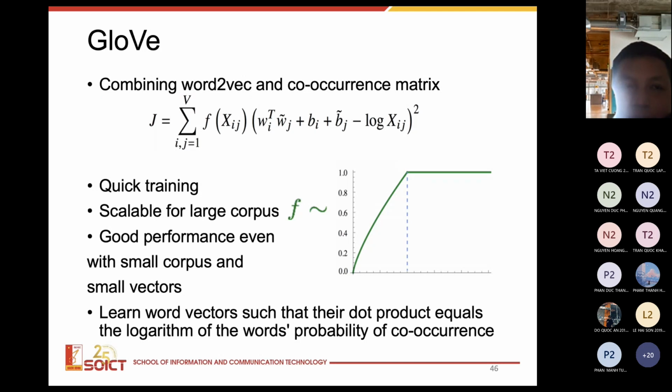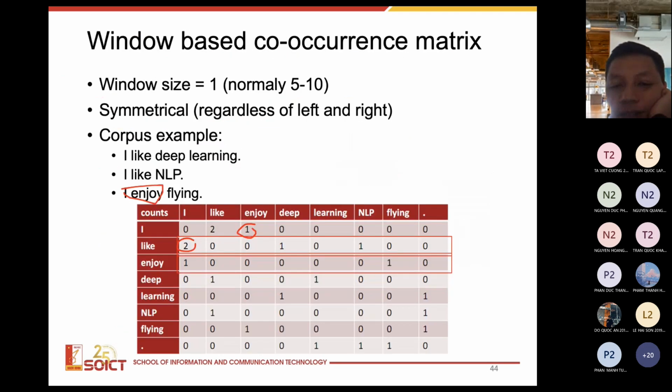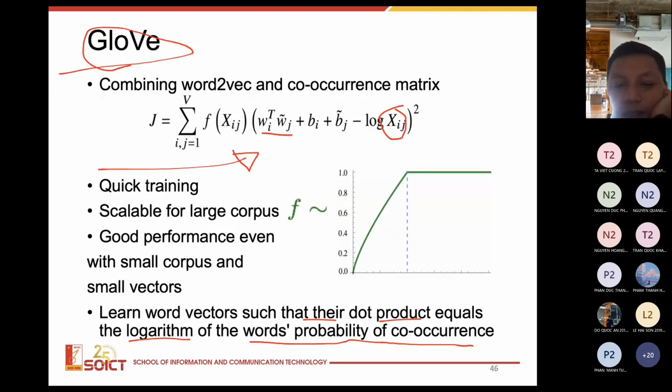In this case, it is GloVe, a method that combines word2vec and the co-occurrence matrix. It has a specific loss function that learns word vectors such that the dot product of w_i and w_j equals the logarithm of the word probability from the co-occurrence matrix. X_ij here is the value inside the co-occurrence matrix, and they want to minimize this for every i and j in the vocabulary V. GloVe has some advantages: it is very quick in training time, it is scalable for large corpora, and it has good performance even with a small corpus and small word vector size.